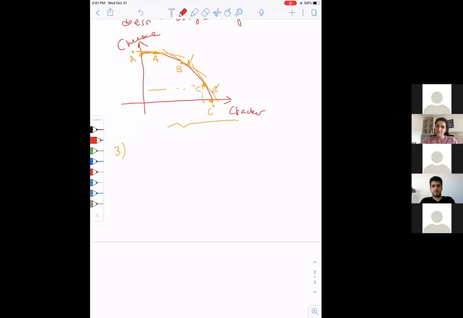There, to produce one computer, this country uses this much labor force, and the US uses this much. There, we are looking at the country which uses fewer resources. So the question three is similar.